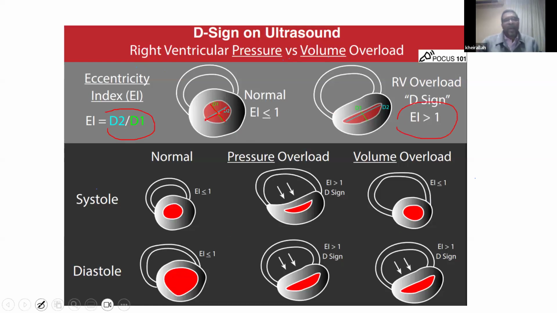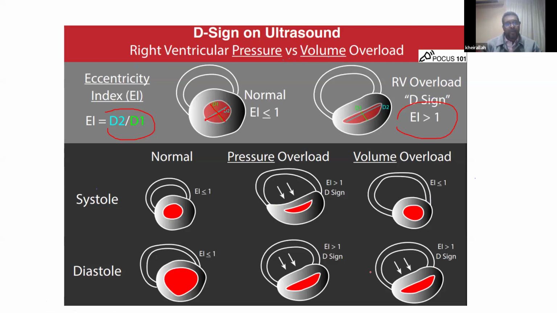Okay? And we have to remember that if we have pressure overload, we get a flat septum in systole and in diastole, but it's more in systole. And when we have volume overload, we get a D-shaped septum during diastole. This is an important distinction between the pressure overload D-sign and volume overload D-shaped LV.